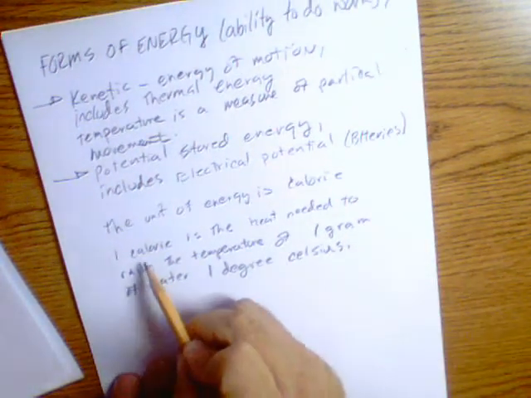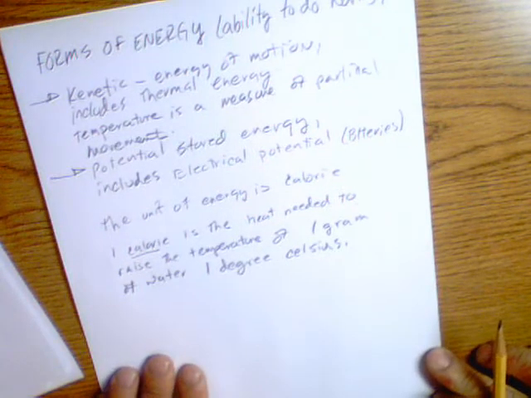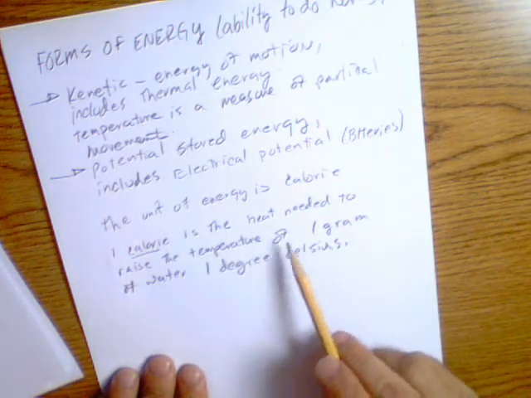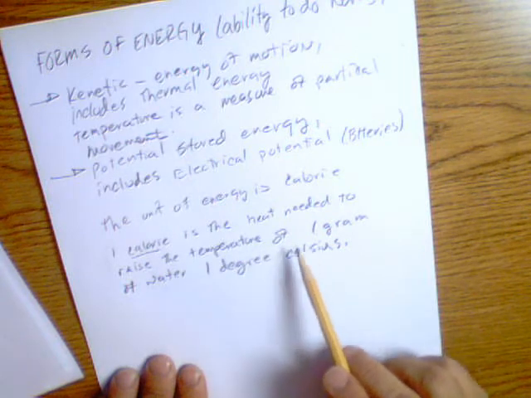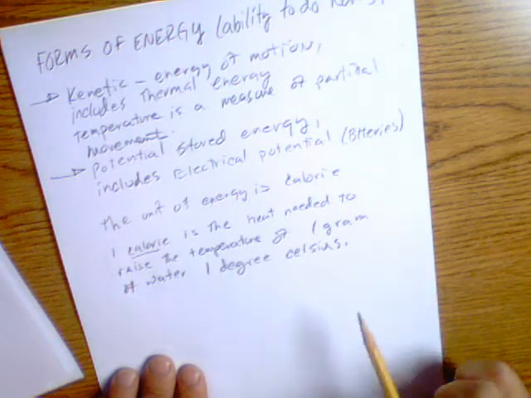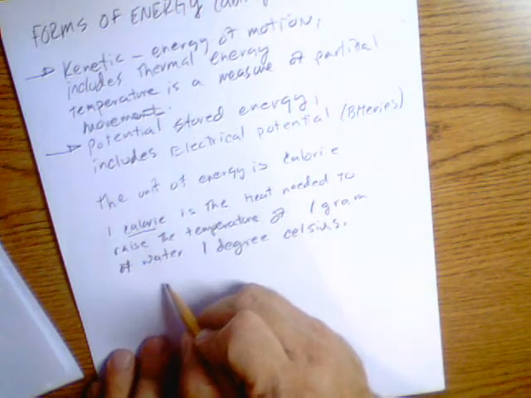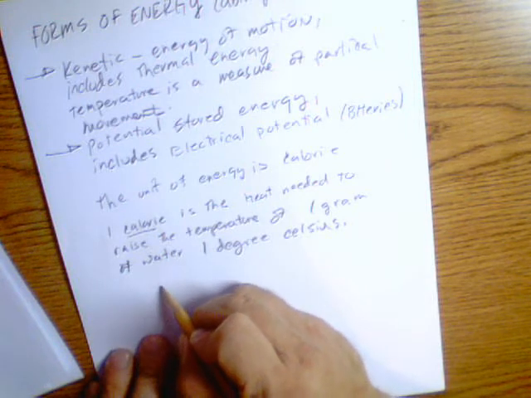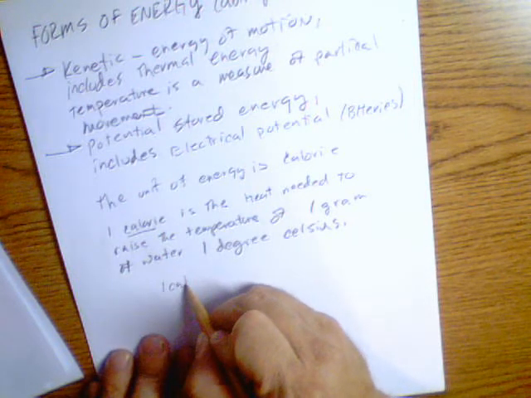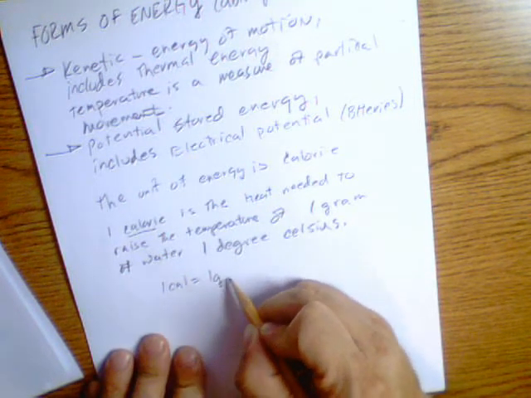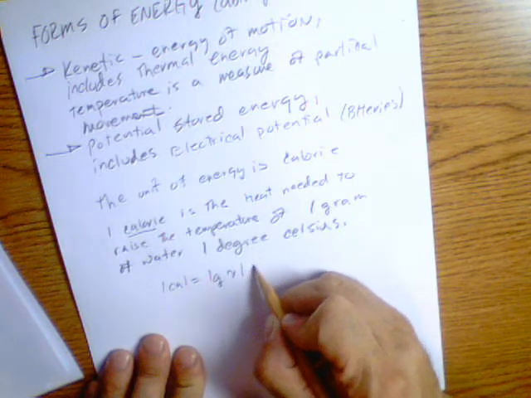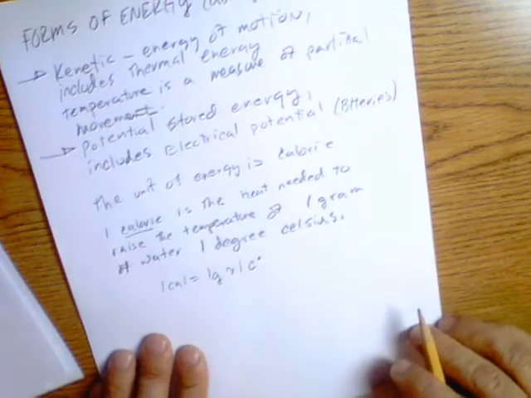That's a definition of the calorie. It's the heat needed to raise the temperature of 1 gram of water 1 degree Celsius. So 1 calorie equals 1 gram times 1 degree Celsius.